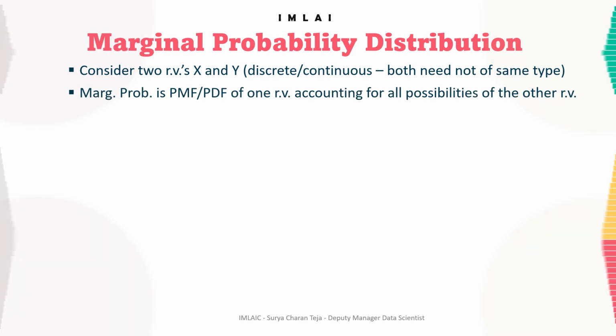The marginal probability could be a PMF or PDF of one random variable, accounting for all possibilities of the other random variable.